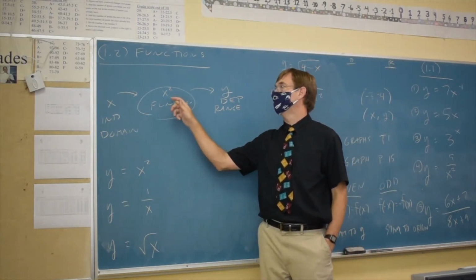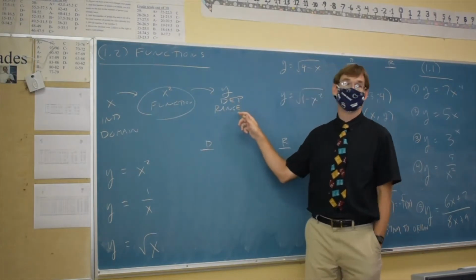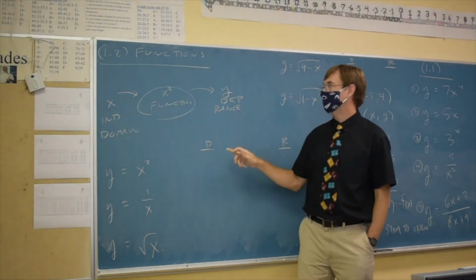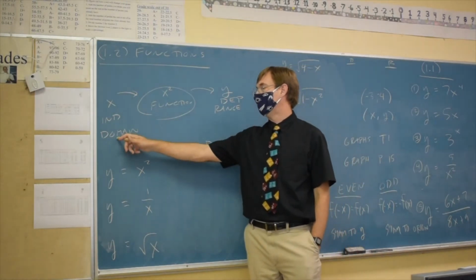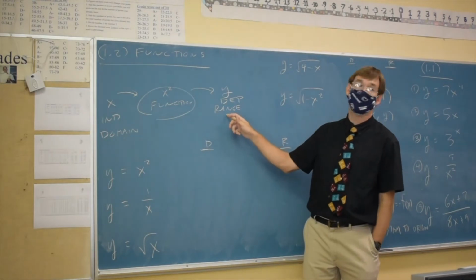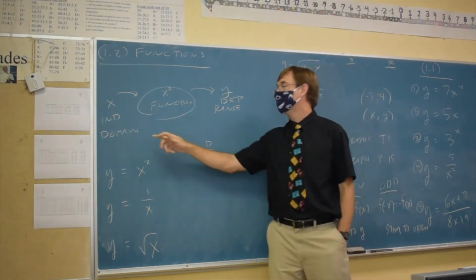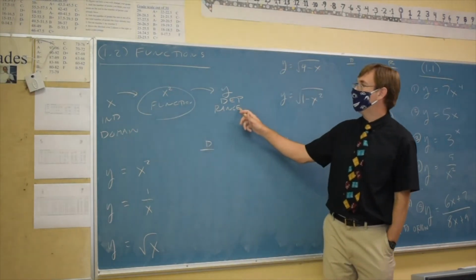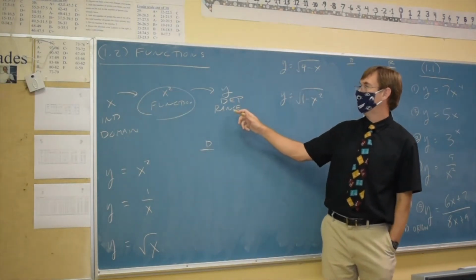If 4 goes in, 16 comes out as part of the range. If 1 was part of the domain, the range would be still 1, because 1 squared is 1. But anything that we can put in would be part of the domain. Anything you might get out would be part of the range.